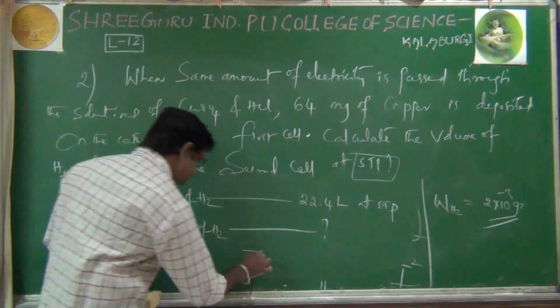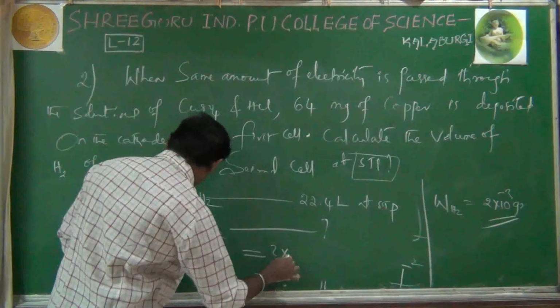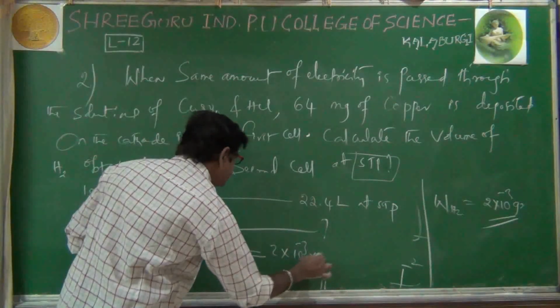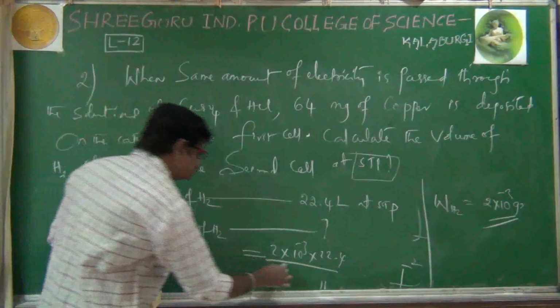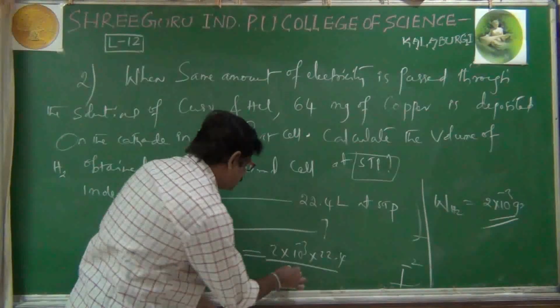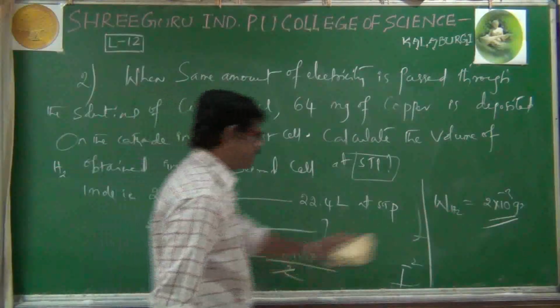That equals this value into that value divided by this value: 2 into 10 to the power of minus 3 into 22.4 divided by 2. Then the 2 cancels, giving 22.4 into 10 to the power of minus 3.